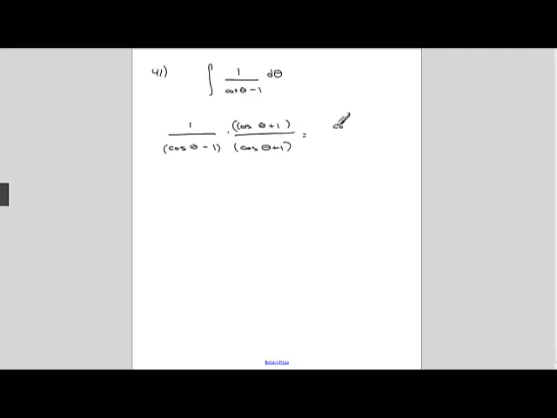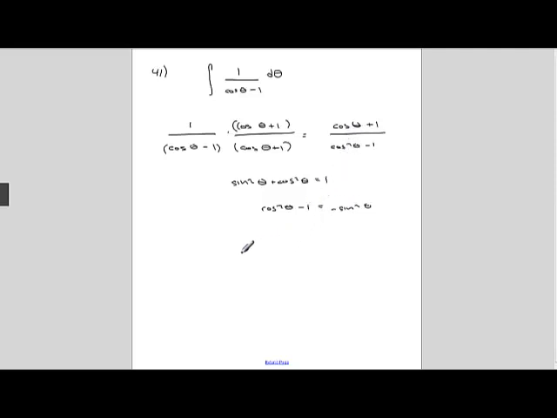So we get the cosine of theta plus 1 divided by cosine squared theta minus 1. And if we remember the Pythagorean identity, sine squared theta plus cosine squared theta equals 1, that means that cosine squared theta minus 1 is going to be equal to negative the sine squared of theta.